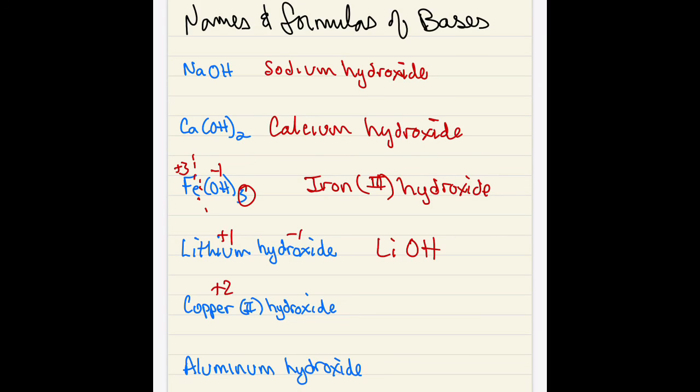Copper 2 has a charge of +2, each hydroxide -1. But remember, hydroxide is a polyatomic, and up here in the top, you'll notice I always put that in parentheses on the ones that were needing more than one of them. So we need 2 hydroxides, Cu, not Ca.